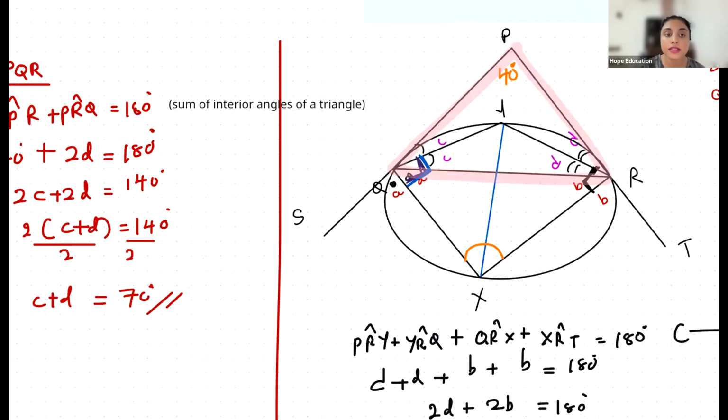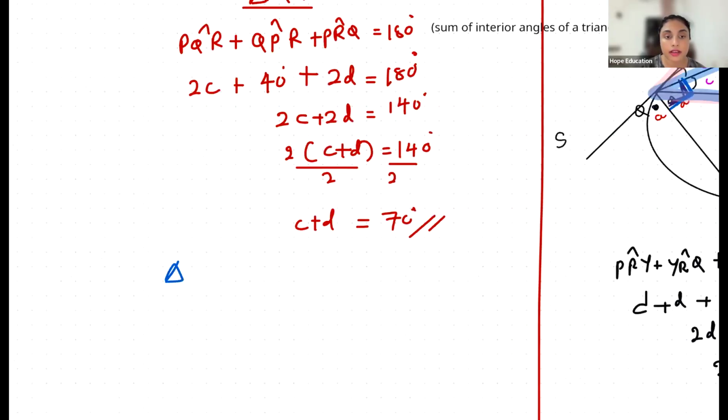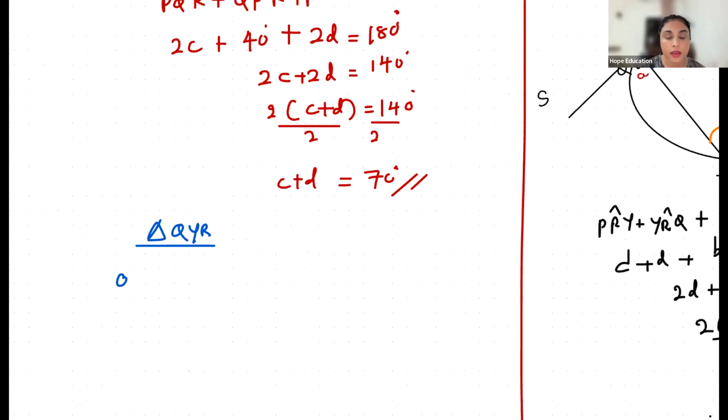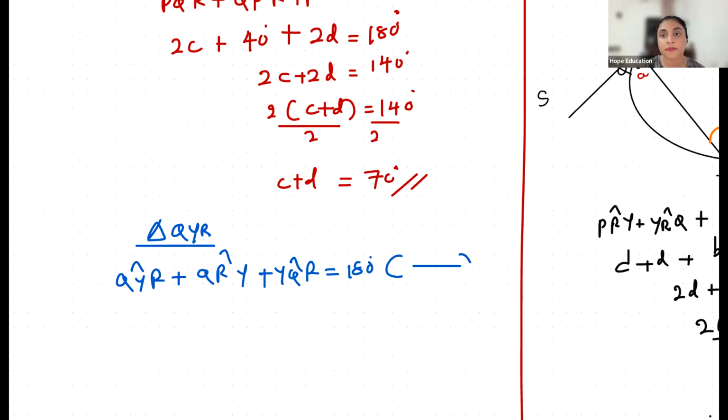Then I'm going to consider this triangle. Consider this triangle, I hope it's clear. That is QYR. Taking triangle QYR, let's add the interior angles. QYR plus QRY plus YQR is equal to 180, and you know the drill, the reason is the same.